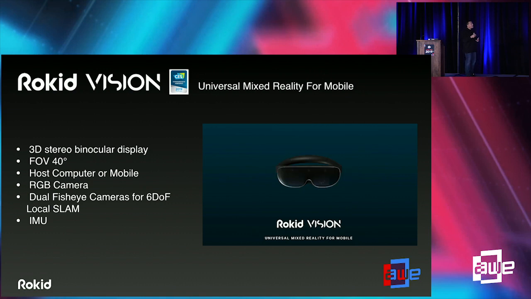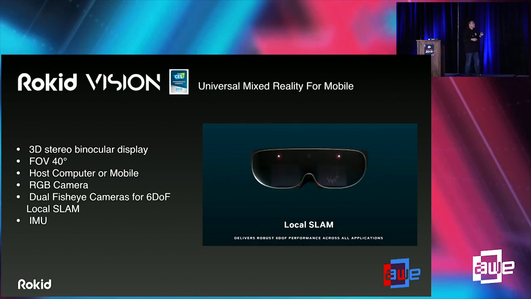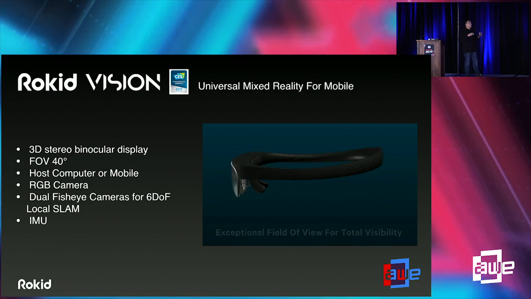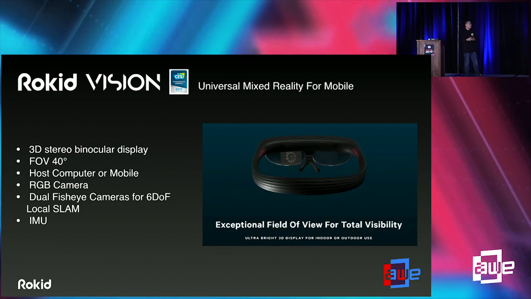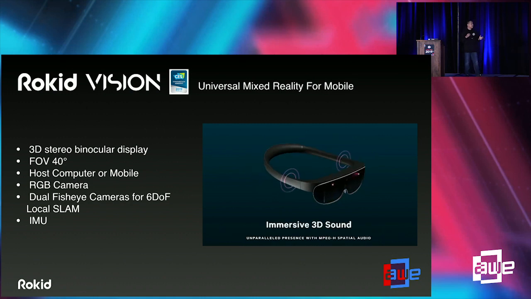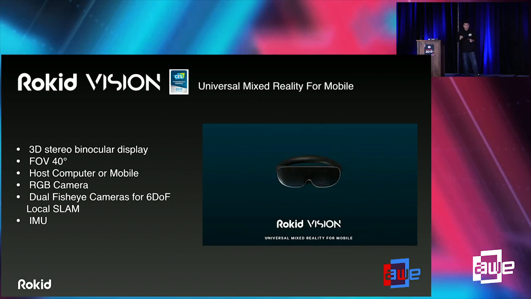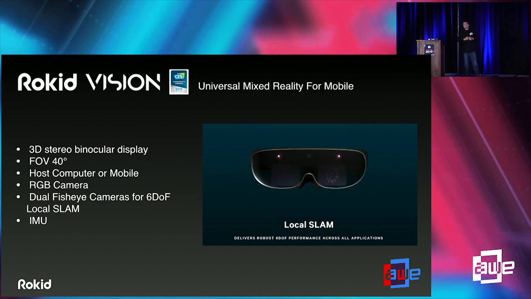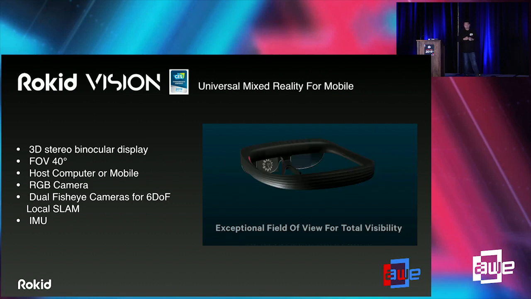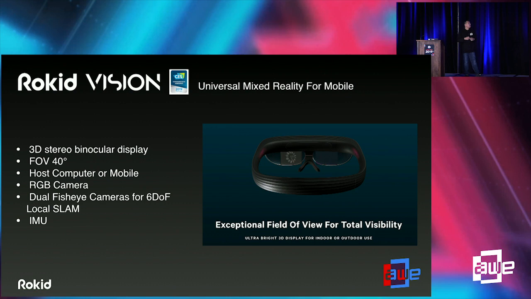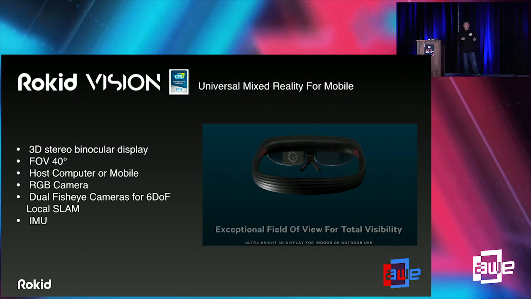It has one RGB camera and two fisheye cameras mounted on the device, used for 6-DoF local SLAM computation, and it has IMU features as well. Rokid Vision is currently in the early prototype stage, but it will be available as a developer kit in Q3 this year, with mass production next year.